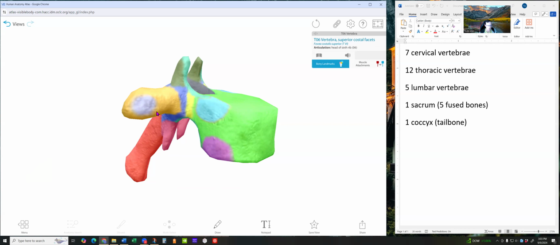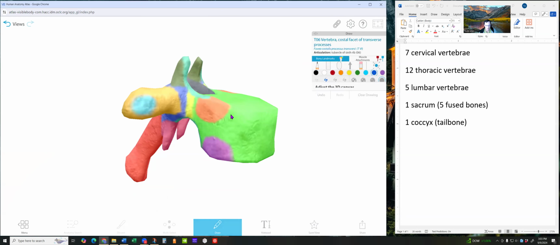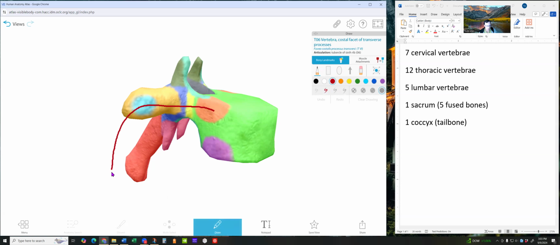And also here, this white area is the costal facet of the transverse process. This is where your rib tubercle touches, okay? The rib tubercle. So again, the rib is going to touch at 2 places on the vertebra, here and here.